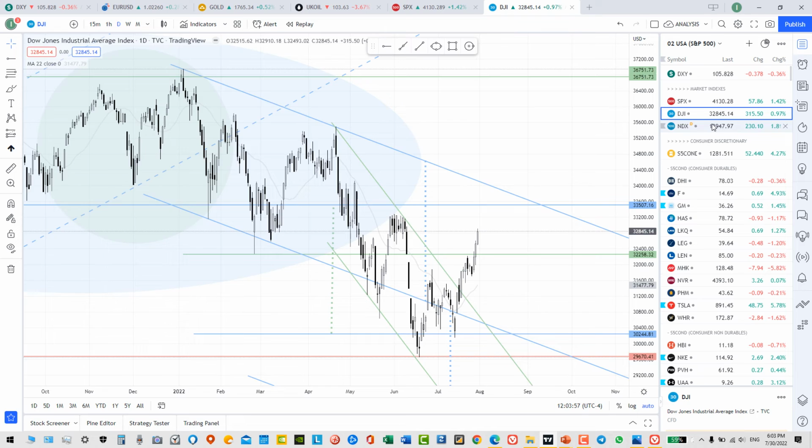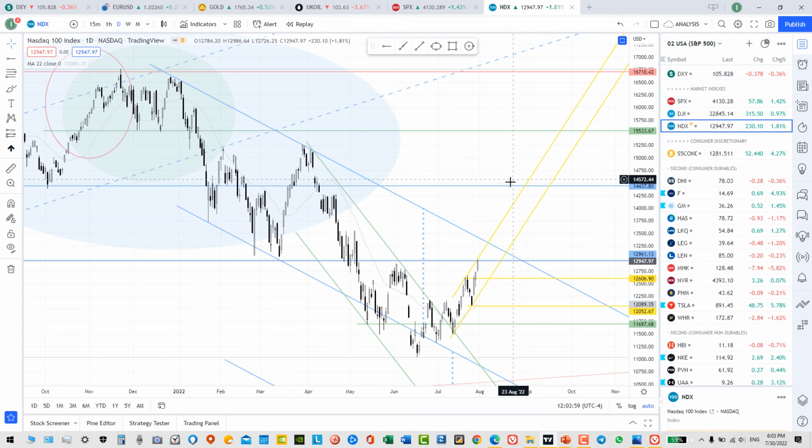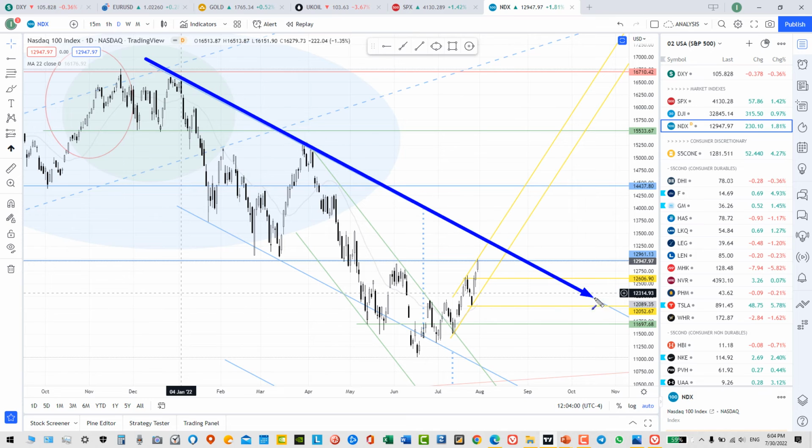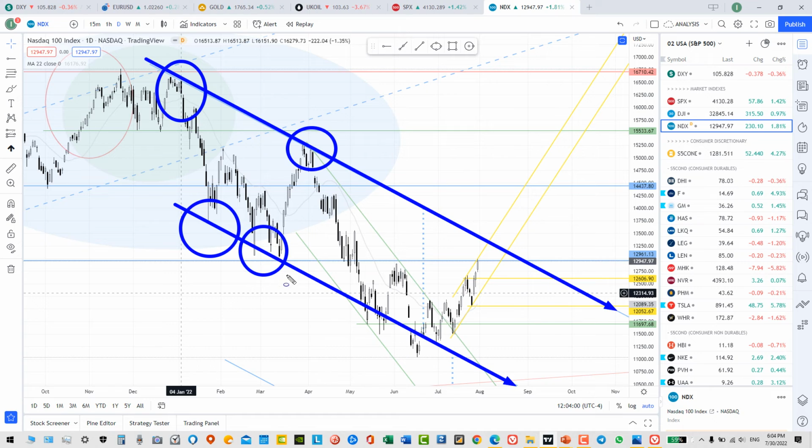The same with Nasdaq. We can see here the downtrend is also more clear than the other indexes, consisting of what we have already said, lower highs as well as lower lows over the major term.